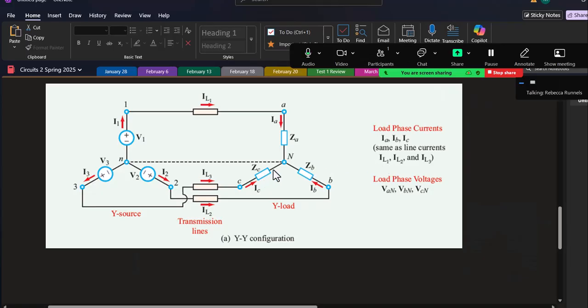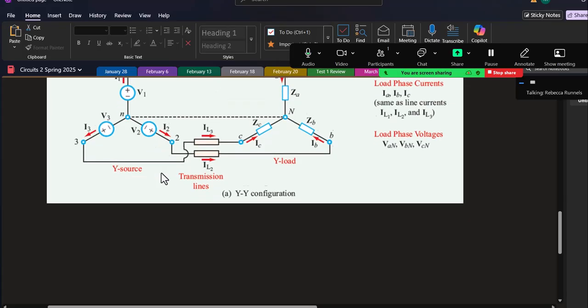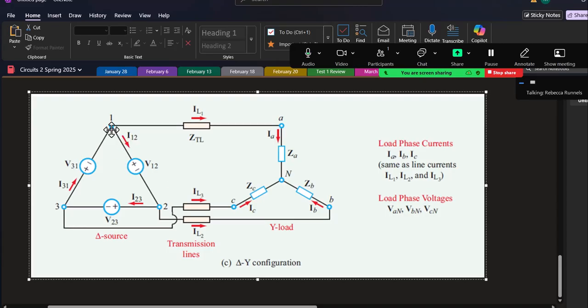And so if you look at the Y over here, I2 is the current through the branch going to node 2. So it's going from the neutral to the node is the way it's defined, so from N to node. And then in the delta, I12 means going from node 1 to node 2. All right, and then IL1, IL2, IL3.